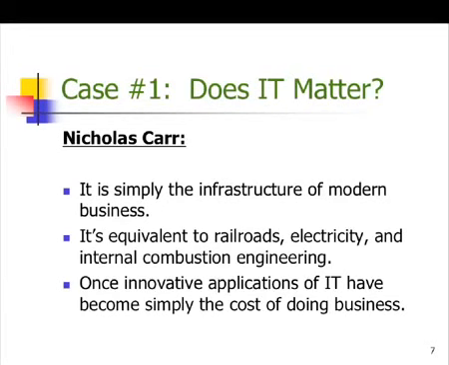Without the infrastructure, life would be a lot harder. If we didn't have airplanes, we couldn't fly from one city to another. So from his perspective, information technology is the equivalent to that. So that's why, to answer the question, it does matter.